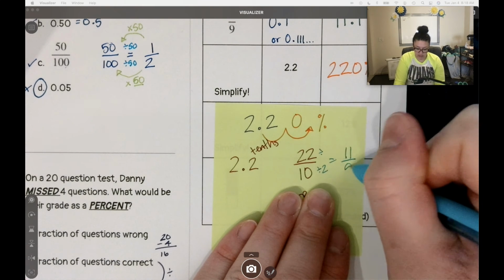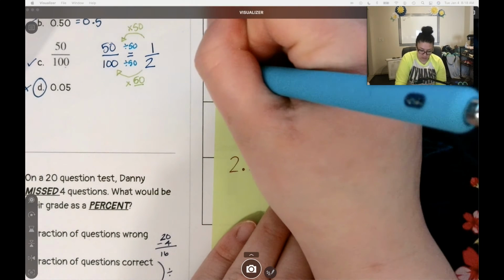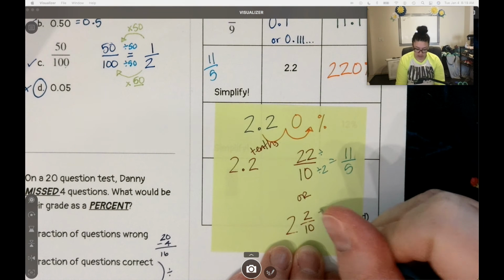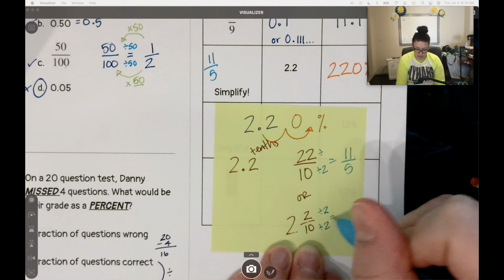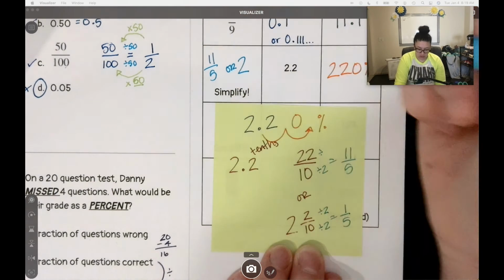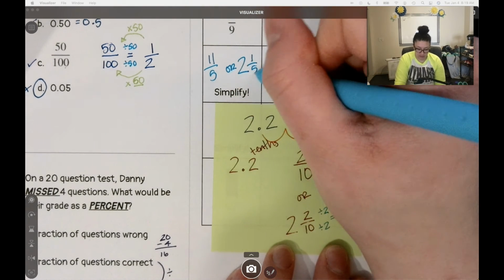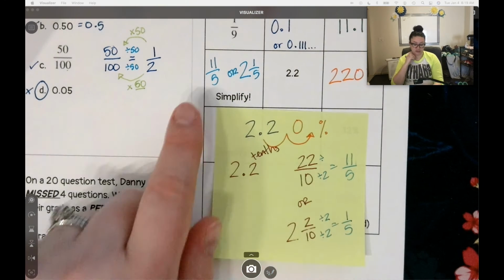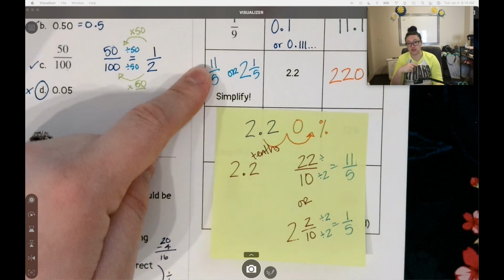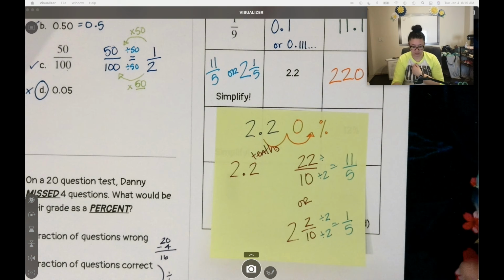And that would give me 11/5. Or if we do the mixed number, 2 and 2/10, divide those both by 2, we get 1/5. So this could also be 2 and 1/5, again depending on if they're looking for a fraction or a mixed number. That's an improper fraction because the numerator is bigger than the denominator.